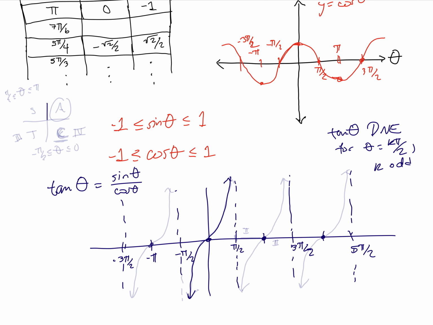We know, using the all students take calculus mnemonic, that for our first quadrant, up to pi over 2, all the values are positive. So drawing this function pointing upwards towards that vertical asymptote is valid.